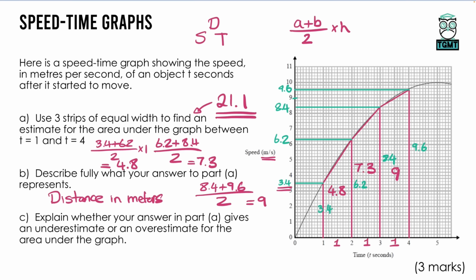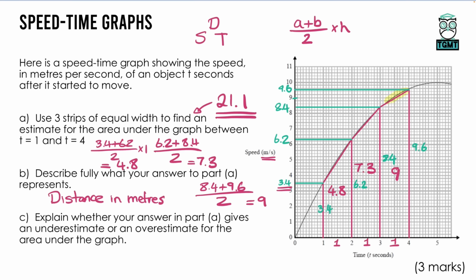So for the next part, we have: explain whether your answer in part A gives an underestimate or an overestimate for the area under the graph. Well, we already kind of spoke about this, and although it's very difficult to see on mine, when you're drawing this on paper it might be a little bit clearer. You do have these little gaps as the curve is sloping outwards like that, that we haven't quite filled in the area for.